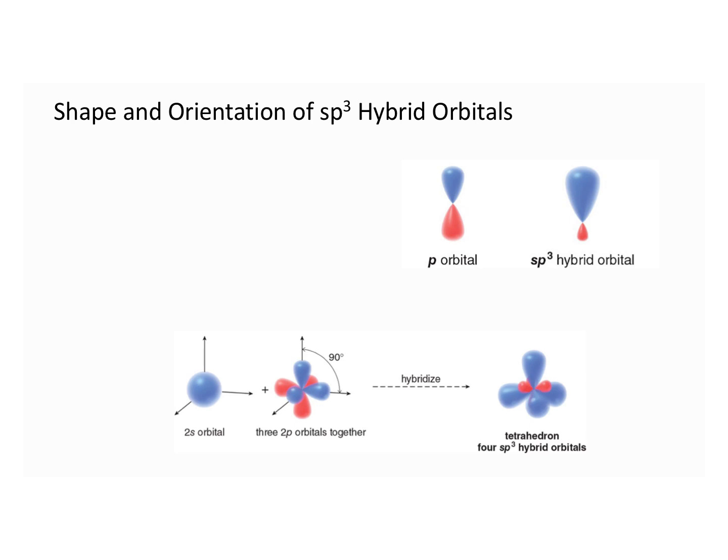Another way of looking at it is we take the 2s orbital and the three 2p orbitals, and when they hybridize, they form a tetrahedron.